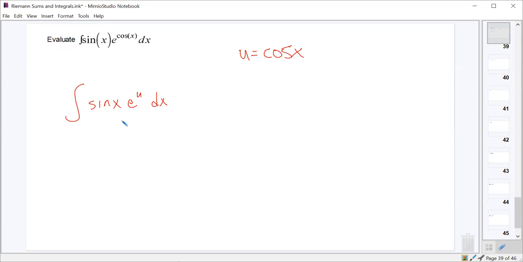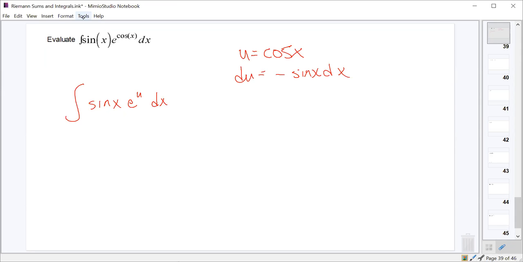And so we want to turn it all into terms of u, since in terms of x was not one of our basic simple rules. So if u is cosine x, that tells us that du is negative sine x dx if you differentiate cosine.